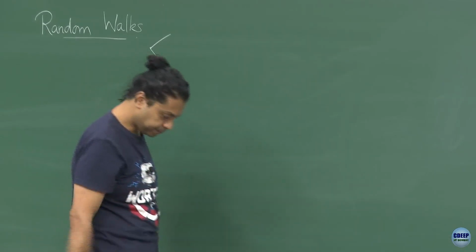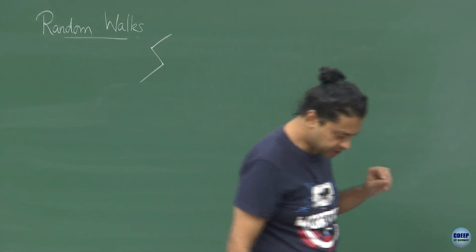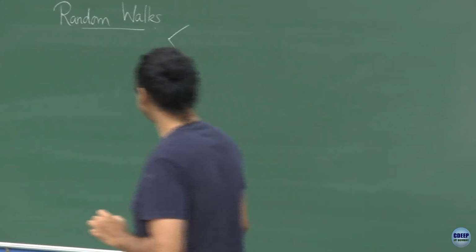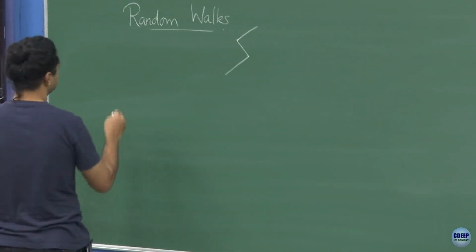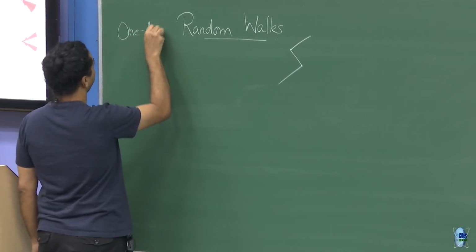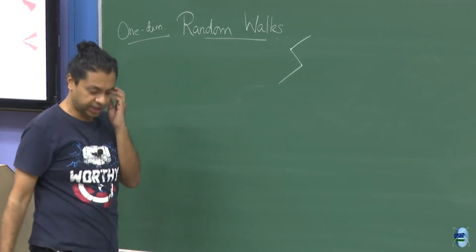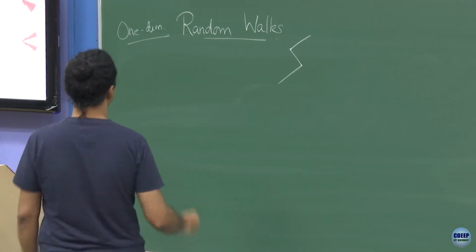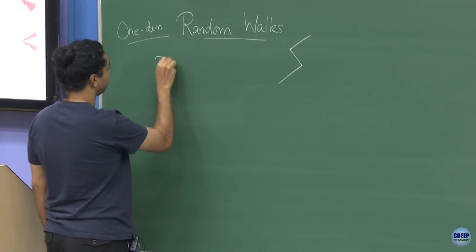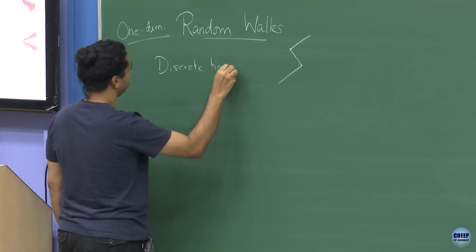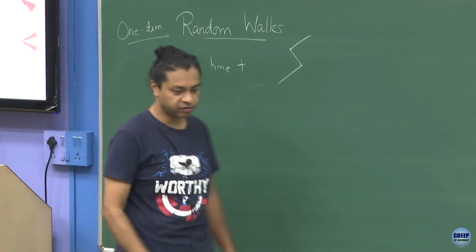So the simplest possible random walk that we can define is, let us say, in one dimension. A one dimensional random walk, and in order to simplify this even more, we can choose a discrete time plus a discrete space random walk.